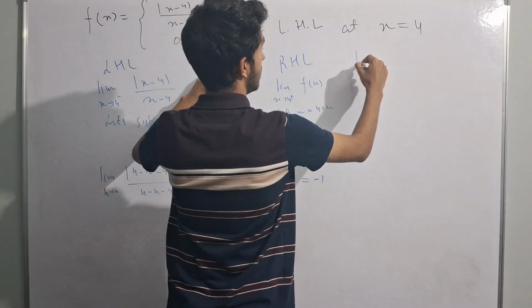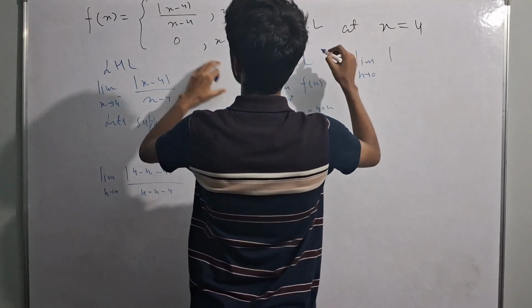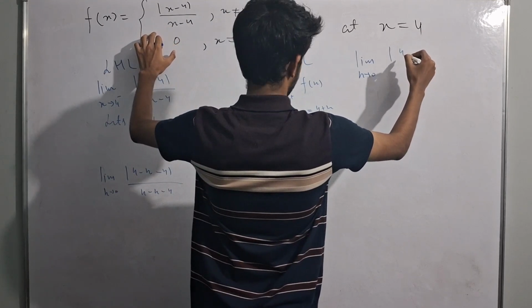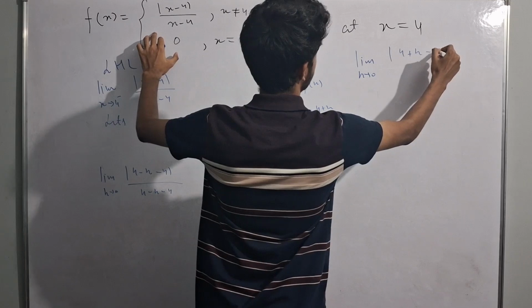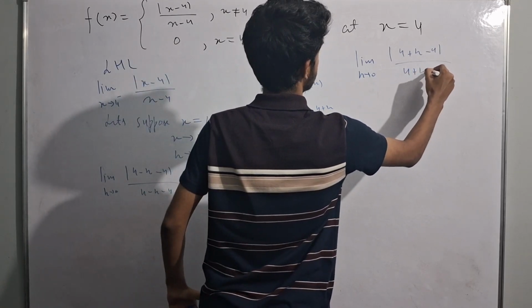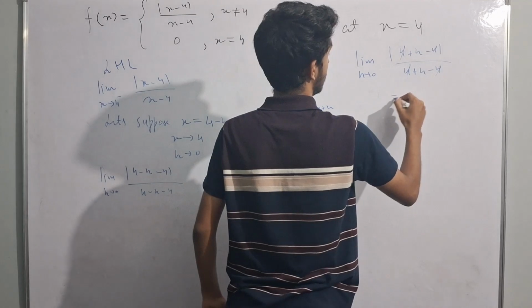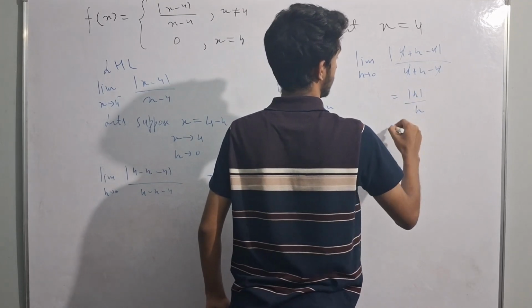So we apply another limit, h tends to 0, of mod of 4 plus h minus 4 upon 4 plus h minus 4. This cancels, and is equal to mod of h upon h, which is equal to 1.